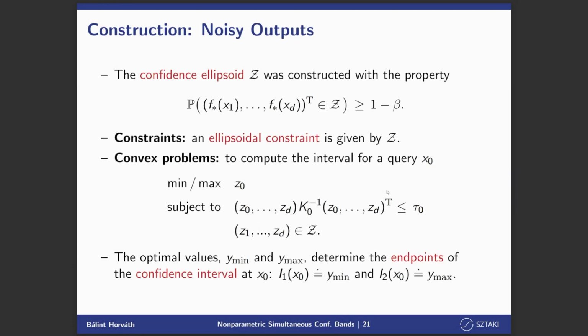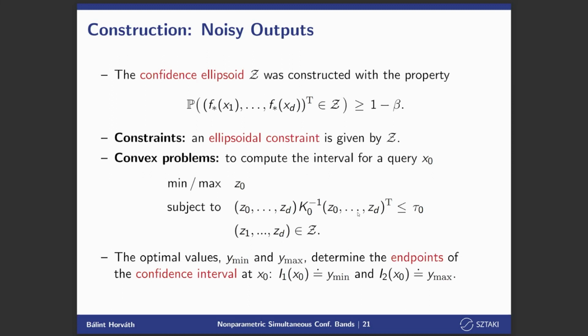And how do we construct the confidence bands in the noisy case? Basically, since this ellipsoid guarantees the inclusion of the inputs in the following way, we can construct a convex problem similarly to the noise-free case. We once again solve a minimization problem and a maximization problem for a query or candidate input-output pair, and we check if the norm of this interpolant function is below our estimated norm.